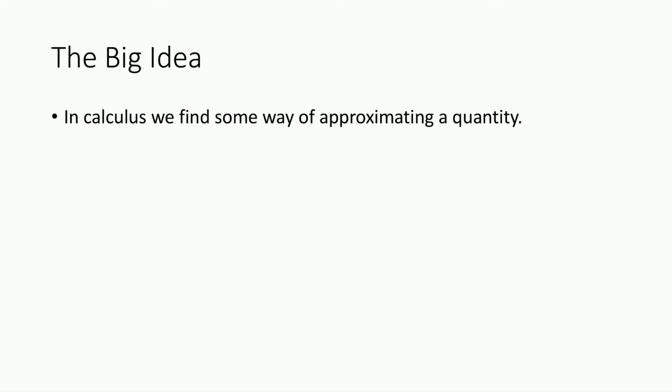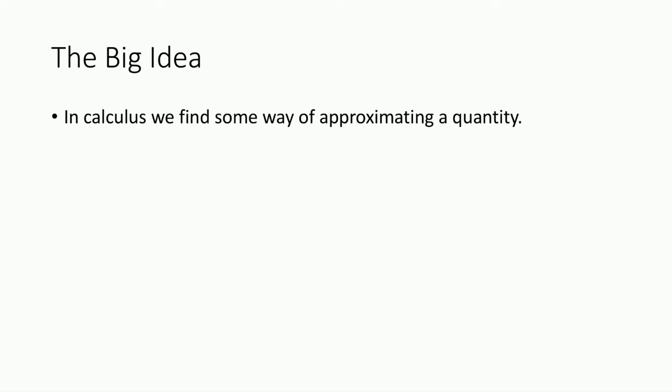So what we're going to do is we're going to start by finding a way to approximate it. Usually the approximation is going to involve things like straight lines. If you have a curve, you approximate with a straight line. If you have something like this surface, we're going to approximate it with little rectangular pieces, because I can find an area of a rectangle. It's hard to find the area of a curved surface though.